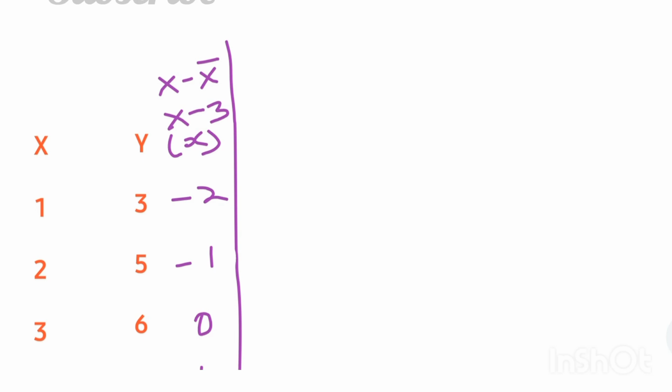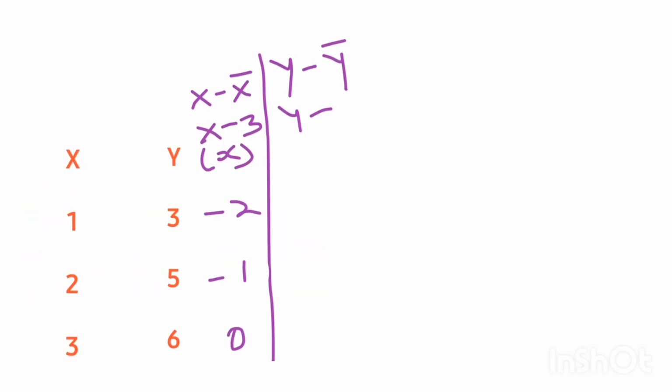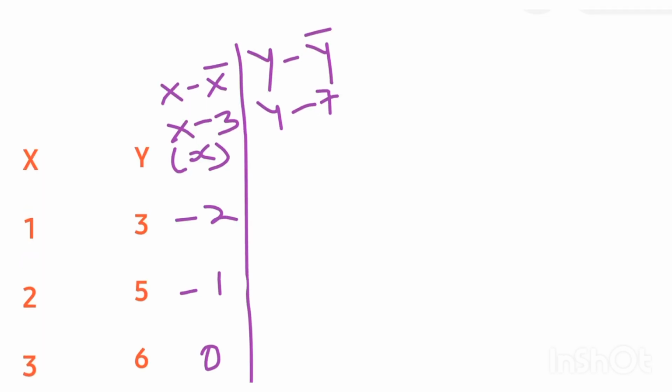Also generate values for deviation from the means for Y. Y minus Y mean. Let's look at the value for our Y mean, 7 here. The deviation from the mean of Y will be represented with small y.